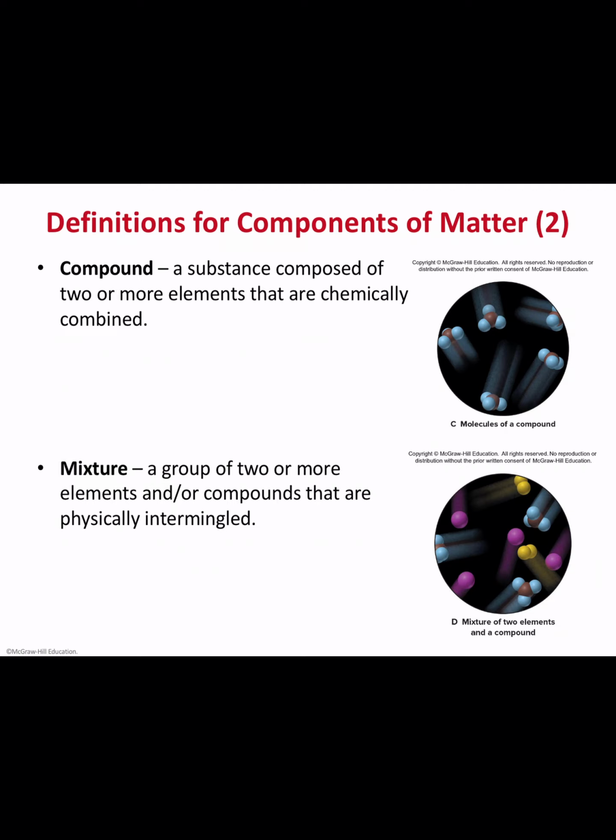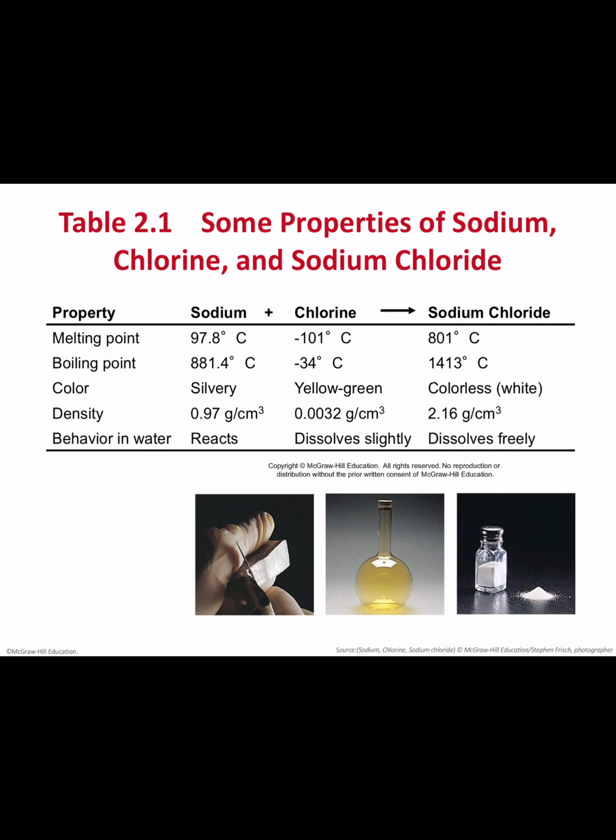And then we have a mixture. A mixture is a group of 2 or more elements and/or compounds that are physically intermingled. So in a mixture you can find elements, molecules, and compounds. So we find everything in a mixture, sorry, not compound.